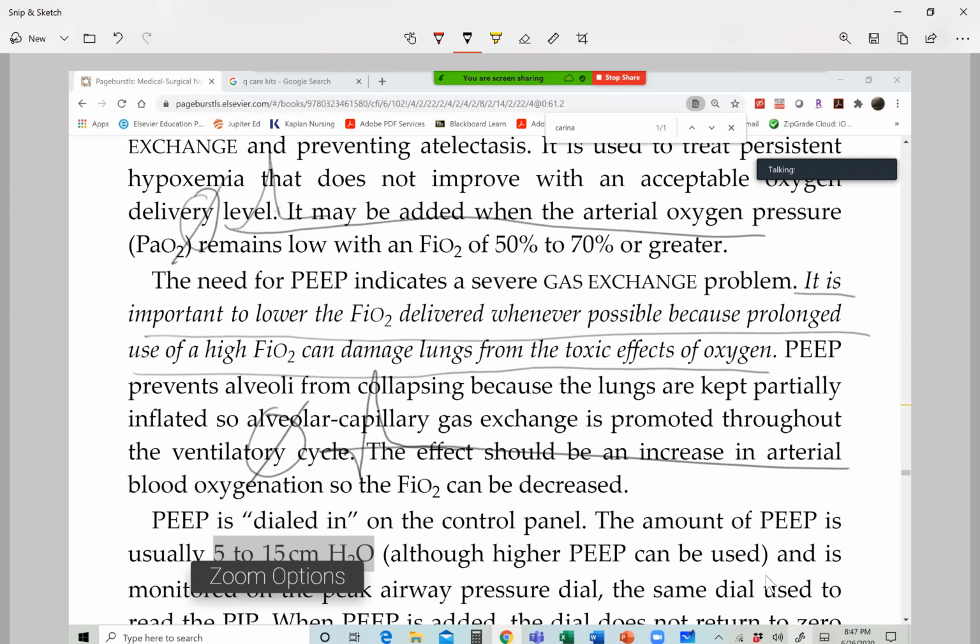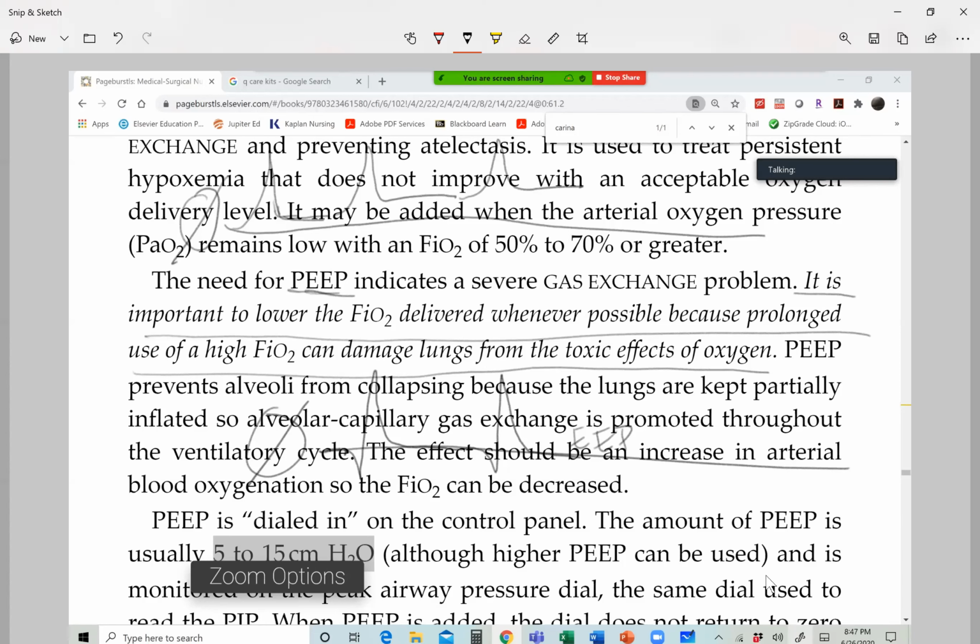And then 5 seconds later, we breathe again, goes to 0. So this is the end expiratory pressure here. In a normal lung, this is 0. 0 pressure, no pressure. I'm not saying there's no air there. There's air, residual air, but there's no pressure. Here on a vent, when you add the PEEP, it doesn't go 0. It will go 5, maybe 10, maybe 15.